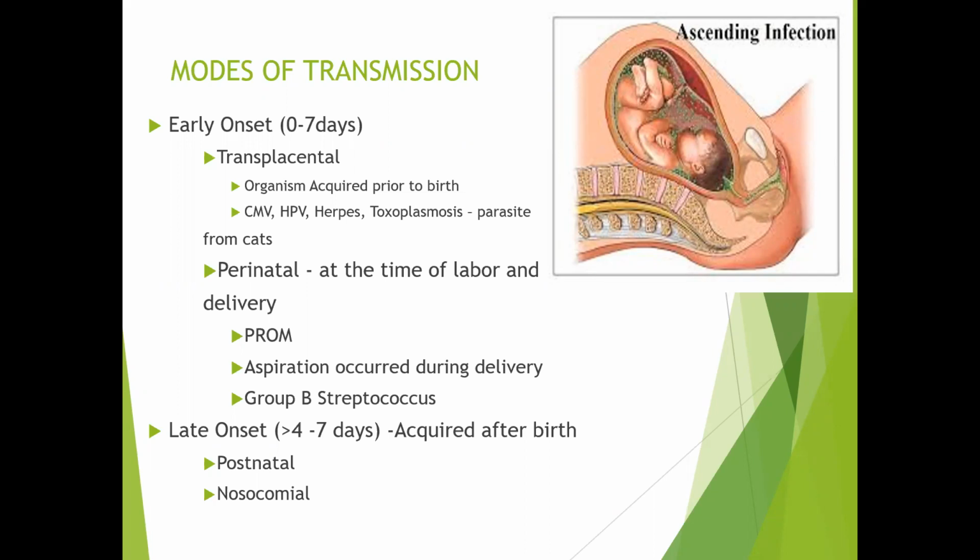And then aspiration can occur during delivery. And if it does, it's typically group B streptococcus, because that's the microorganism that is in the vaginal tract. If the pneumonia occurs after 4 to 7 days, that means that they acquired the pneumonia after they were born.